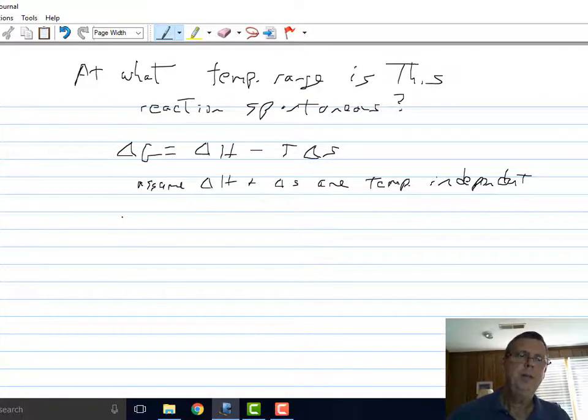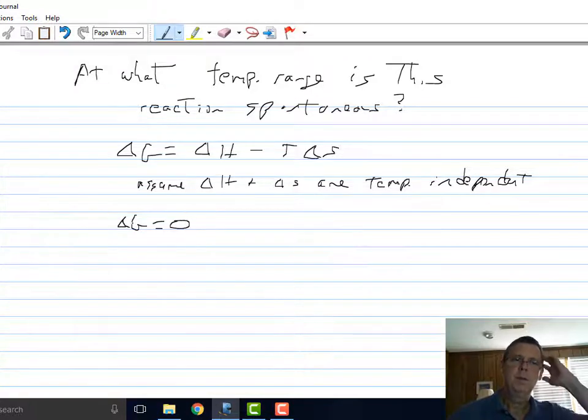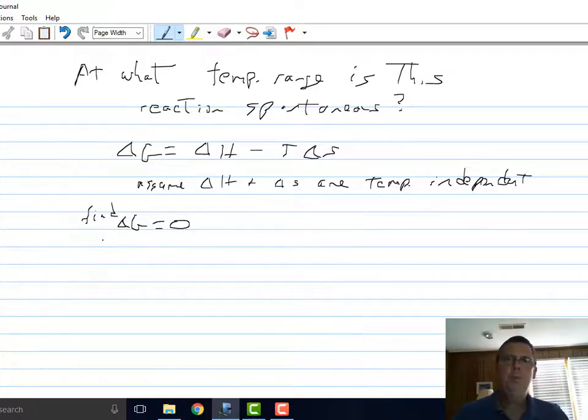So basically we want to find the temperature at which delta G equals 0, because that's our inflection point. Delta G negative, spontaneous. Delta G positive, not spontaneous. So we want to find the temperature at which this reaction goes from spontaneous to non-spontaneous. So this is a good exercise in how to apply this equation.